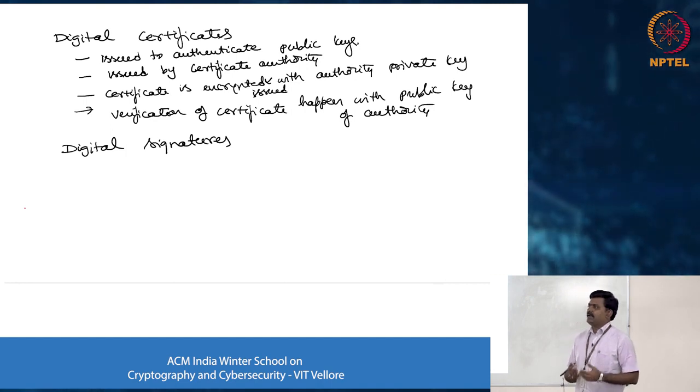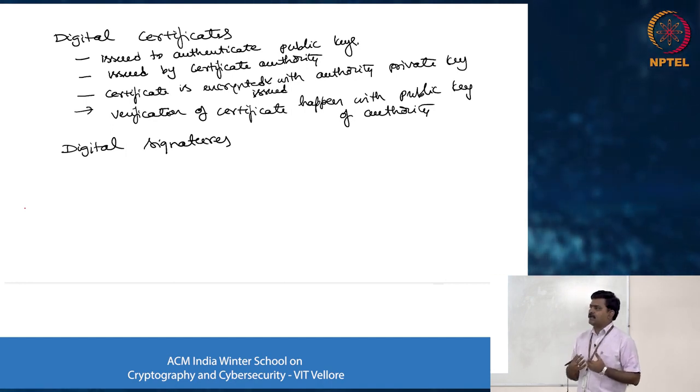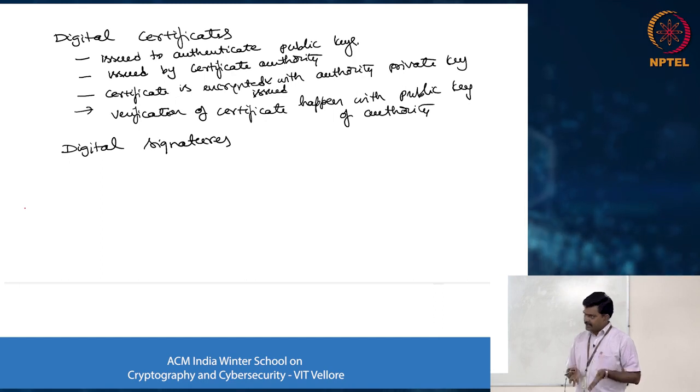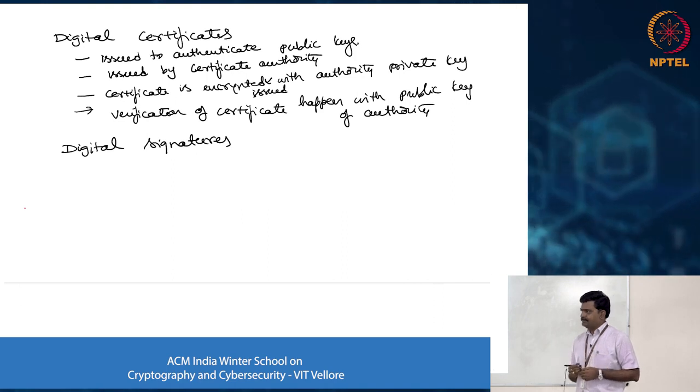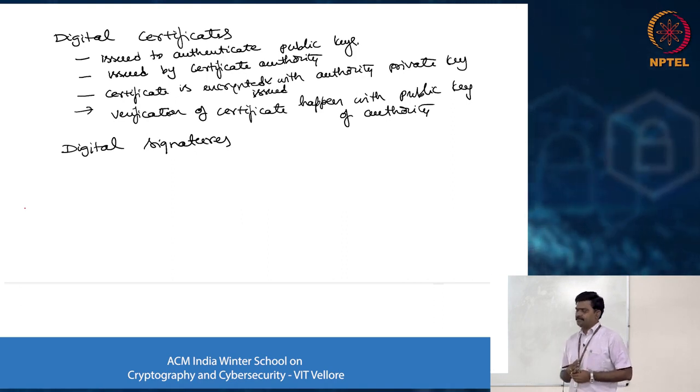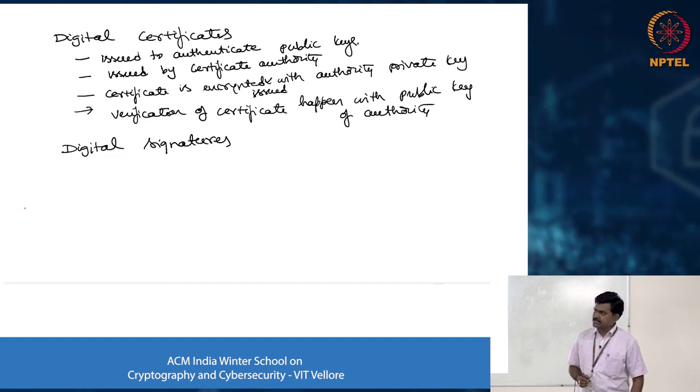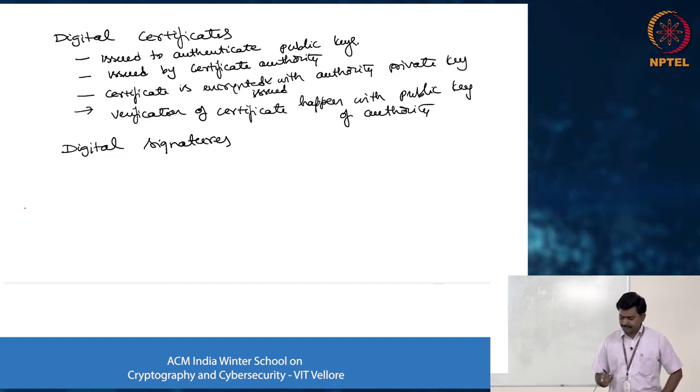Number one, when I am issuing a mail or a letter, when I write a letter, I will sign on it. That means I am saying that, look, this letter is written by me and I know the content of the message and I am authenticating it. How do I say that? By signing. Okay. In a similar manner, you have digital signatures in the digital world.